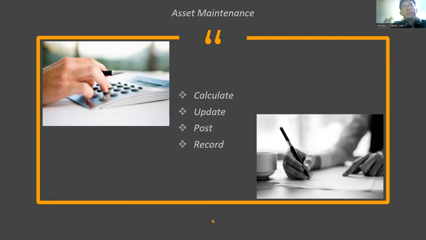Then 3, posting the total amount of depreciation to the affected general ledger accounts. And 4, recording the depreciation transaction by adding a record to the journal voucher file. Then finally, a fixed asset depreciation report is sent to the fixed asset department for review.